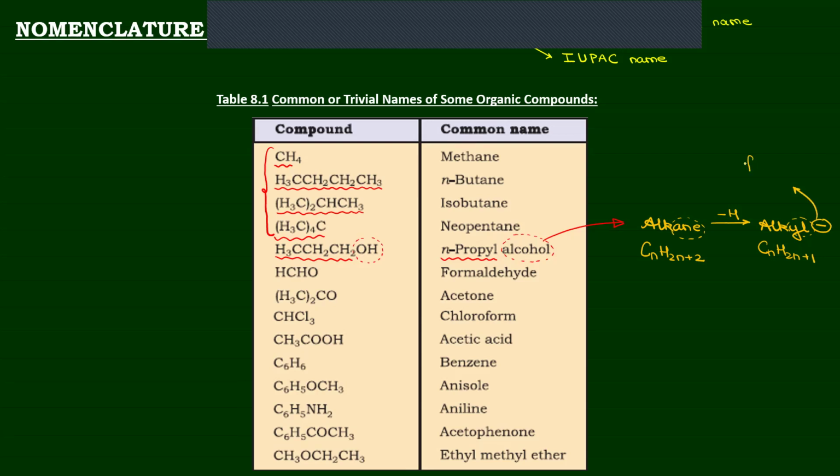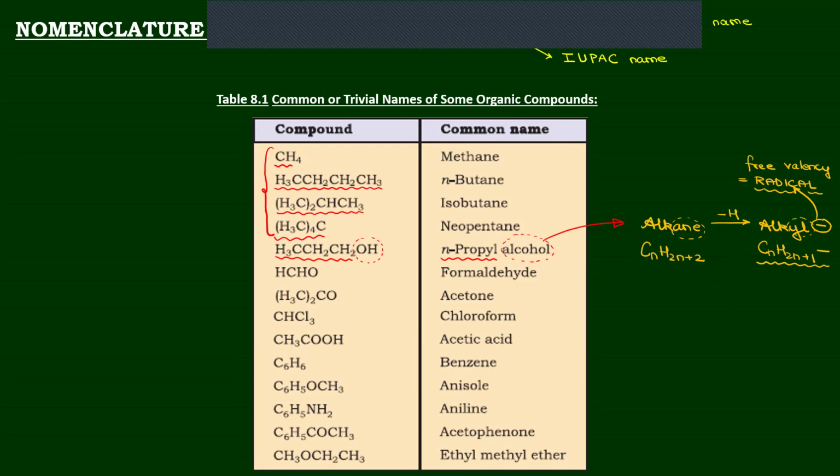This free valency, or the unshared valency, or the unsatisfied valency, is now onwards referred to as a radical. So what we get over here is an alkyl radical represented by the molecular formula CnH2n plus 1.